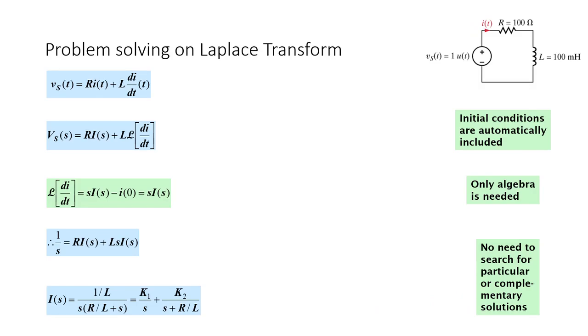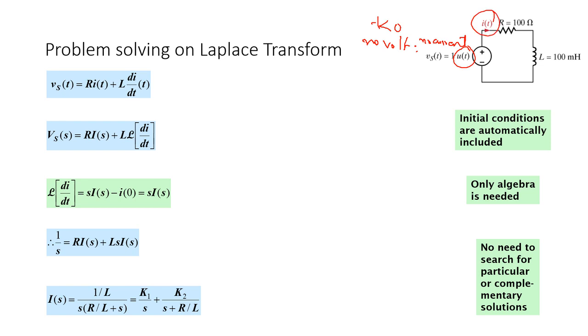So let's solve a simple circuit using Laplace transform and inverse Laplace transform. Here we have a circuit in which we are using u of t. u of t means that for t less than 0 we have no voltage, so no voltage means no current as well. We want to find I of t.